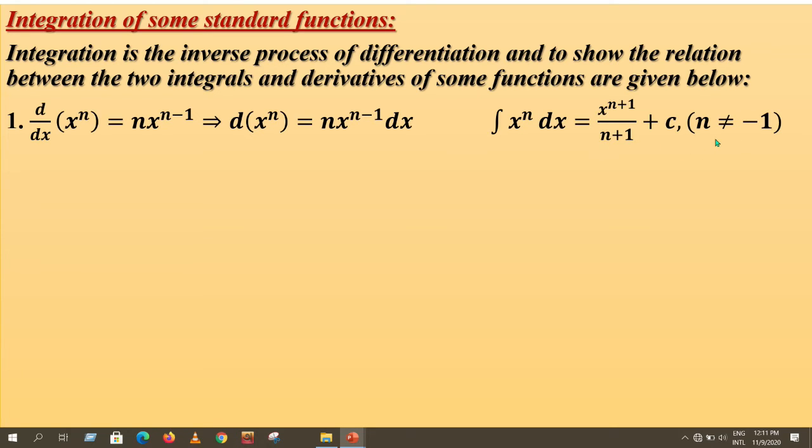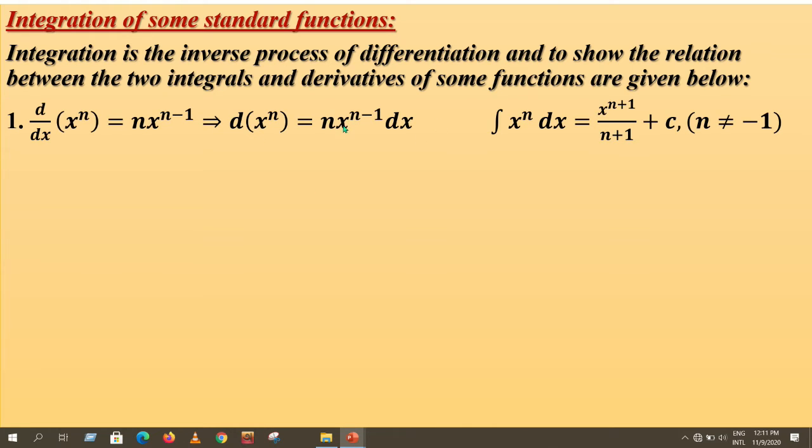If n is equal to minus 1, the denominator will be 0 and the result will be undefined, so n is not equal to minus 1. Clear?